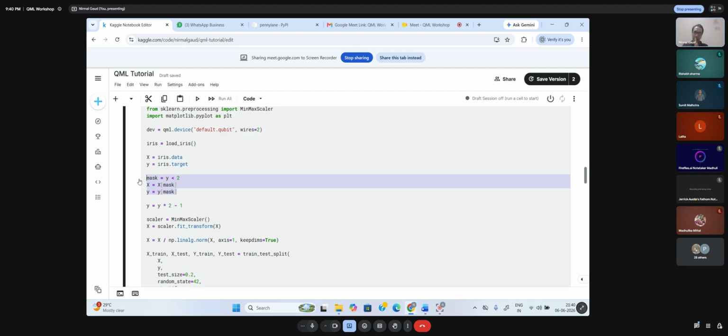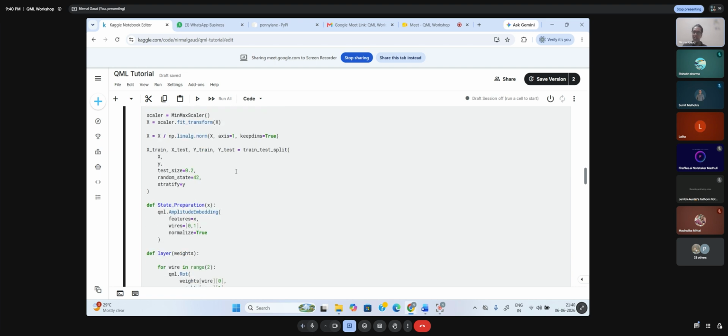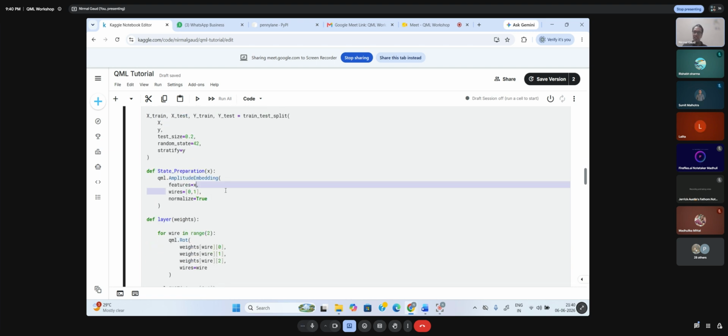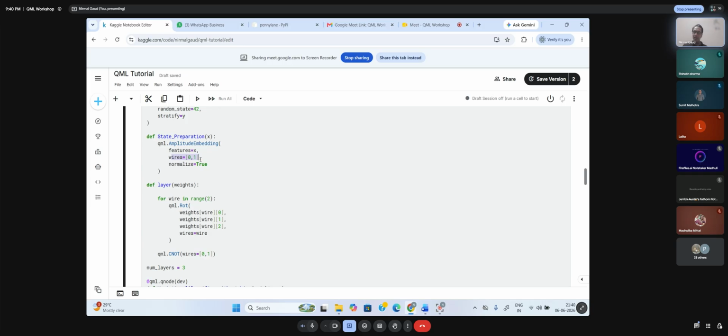Two wires we are creating, with 0 and 1 taken as input. Creating a quantum environment with two wires, taking 0 and 1 as input. Here you can see X is there, Y is there, wires 0 and 1.